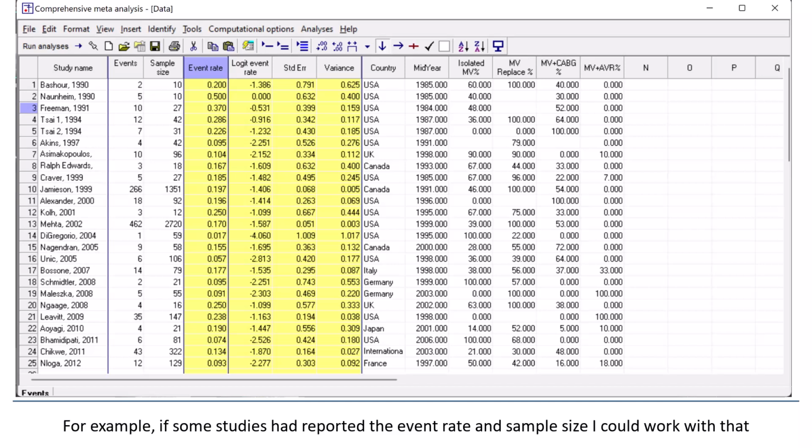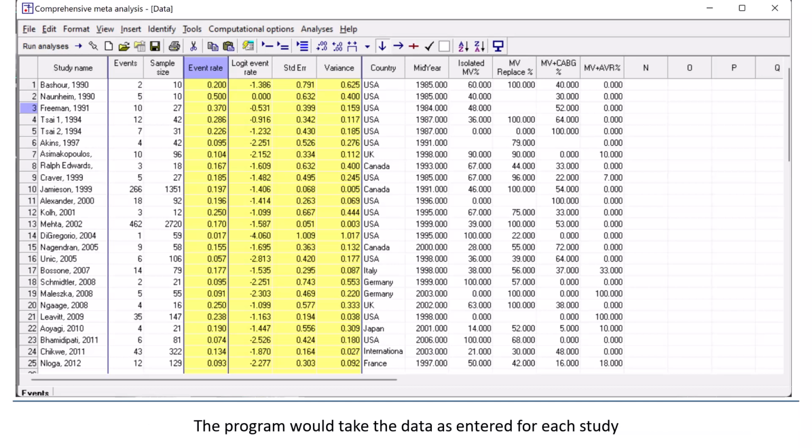For example, if some studies had reported the event rate and sample size, I could work with that. The program would take the data as entered for each study and use the appropriate formula to compute the effect size and variance for that study. Then all of the studies, regardless of their original format, could be included in the analysis.